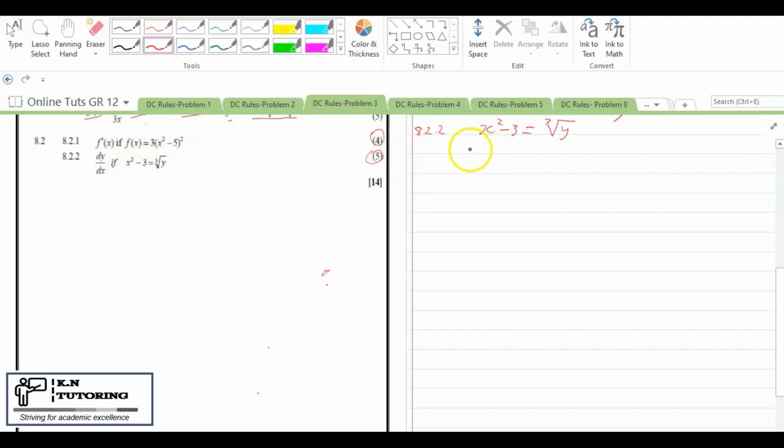Okay, so I'm going to take it one step at a time. So I'll have x squared minus 3 is equal to y to the exponent 1 over 3. Remember, there's a law for surds that says if you have the a-th root of b to the m, this is the same as b to the exponent m over a.